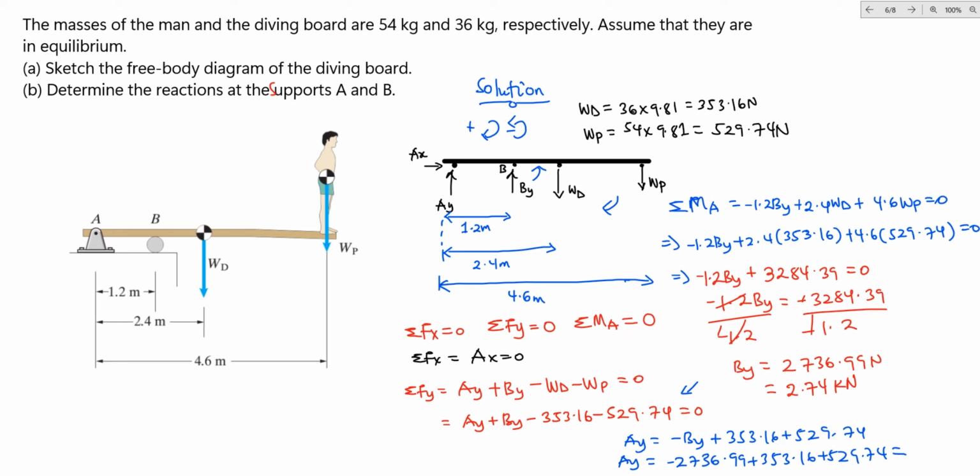Let's add everything together. This will give us a value of minus 1854.09 newtons.